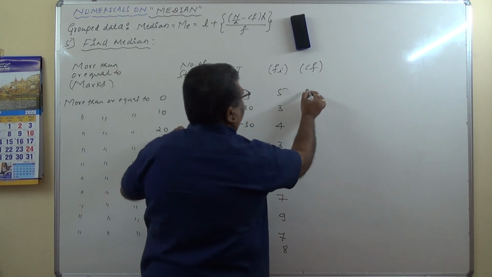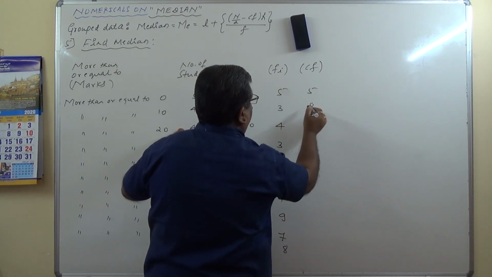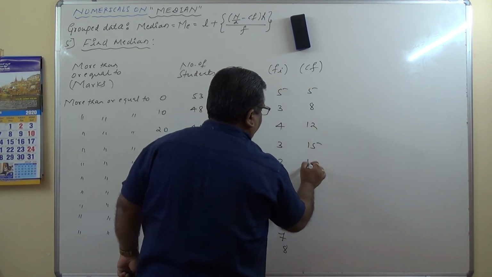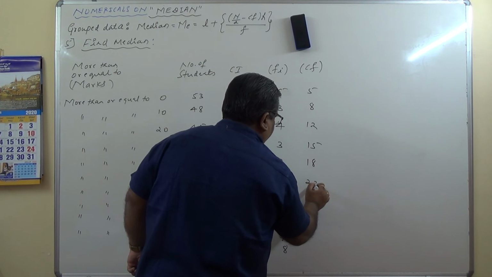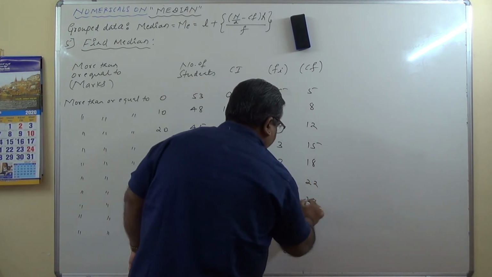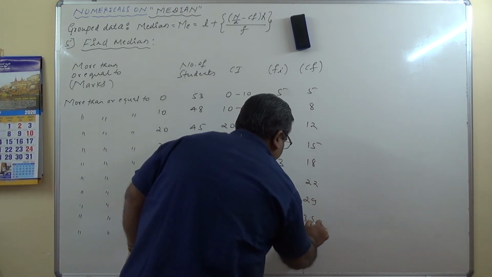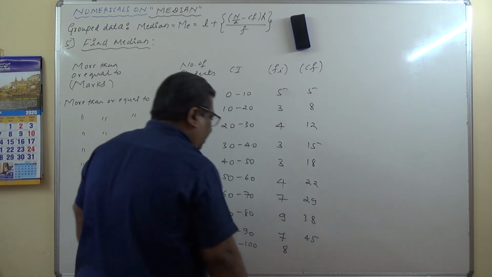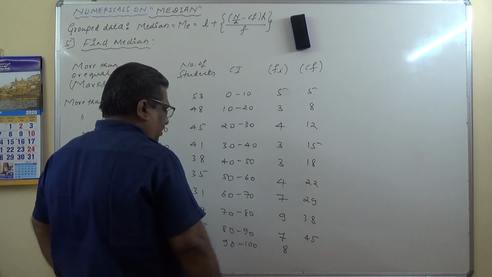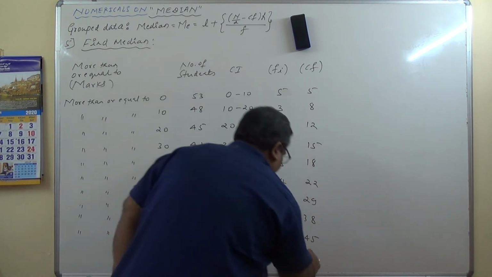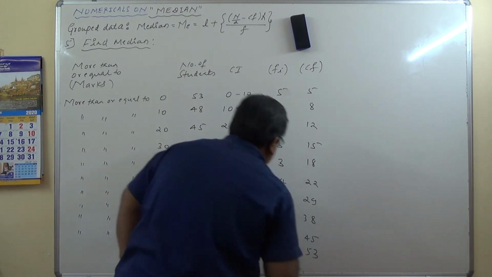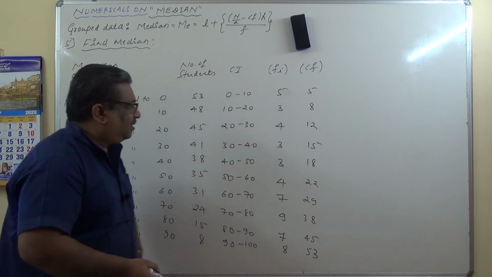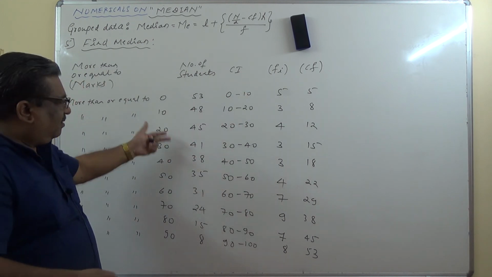So 5 as it is, 5 plus 3, 8, 8 plus 4, 12, 12 plus 3, 15, 15 plus 3, 18, 18 plus 4, 22, plus 7, 29, plus 9, 38, plus 7, 45, plus 8, 53. Is it correct? Yes, it is correct. Check here. This is a little different from what we usually do.